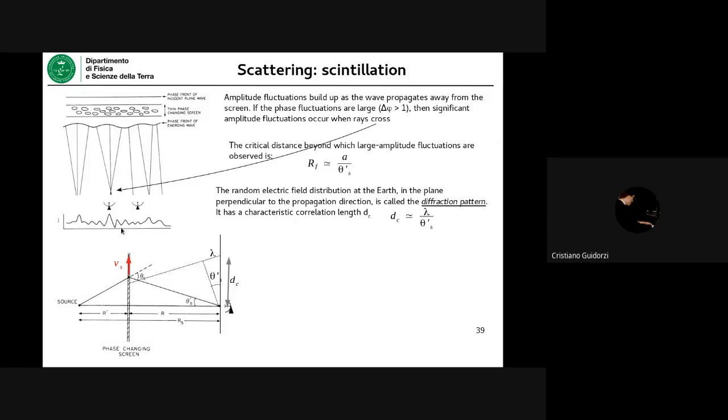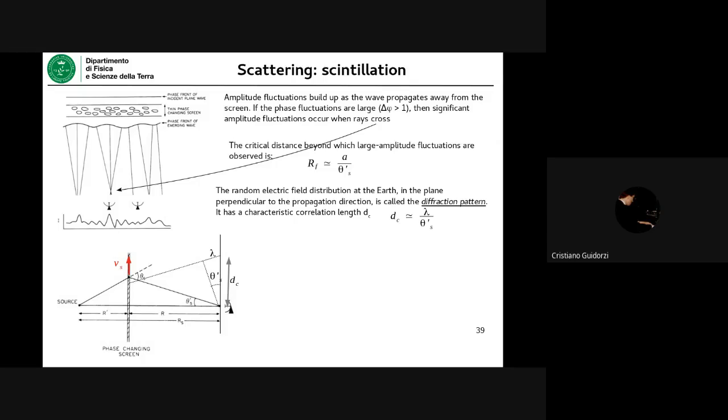What is that? Well, imagine you can move your detector along this direction, okay? So you will see that there is a correlation between the signal. It means that if you move a tiny length along this direction, if the displacement is sufficiently small, you are not expected to see a big change in the average intensity, so in the diffraction pattern.